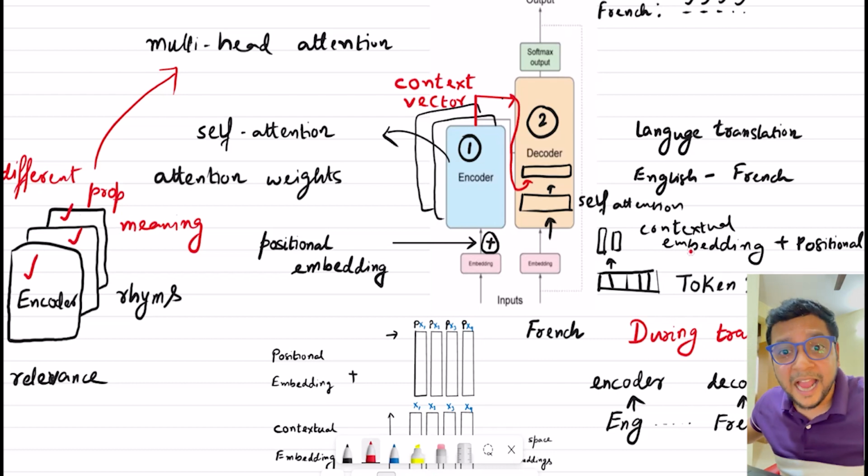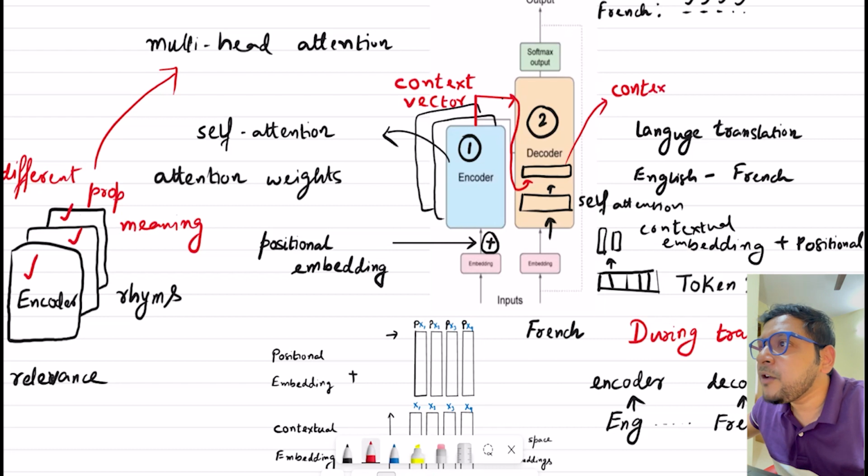So here the actual conversion takes place. In this second layer of self-attention, we have the context vector, which was actually in English.